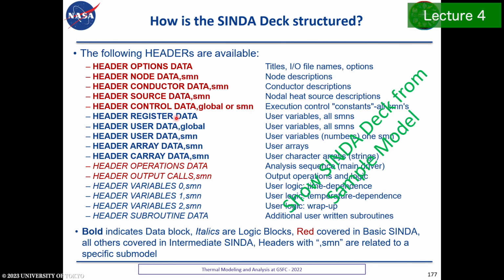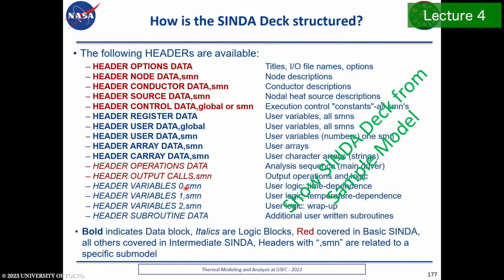There's register data, user data global, user data submodel, array data, character array data, and header operations data, which is where it starts. And then output calls, variables 0, 1, and 2 for each submodel, and subroutine data.